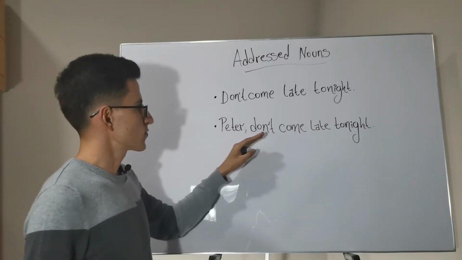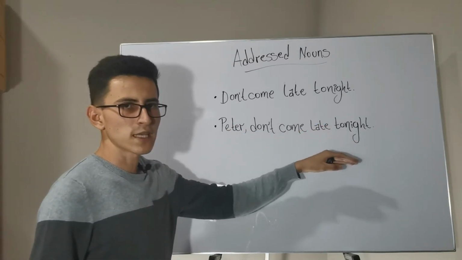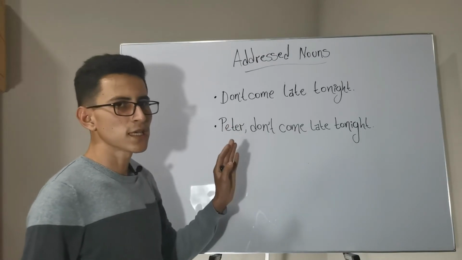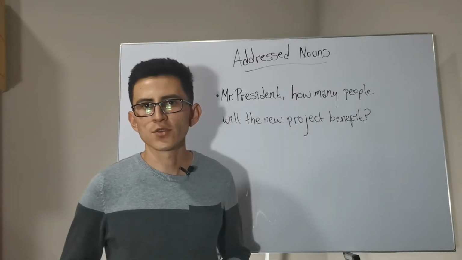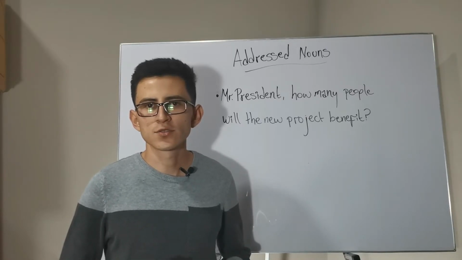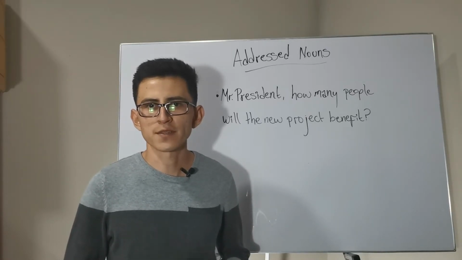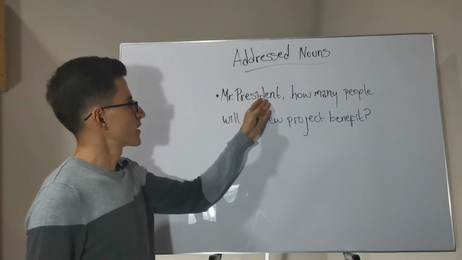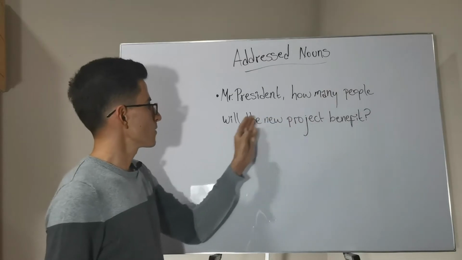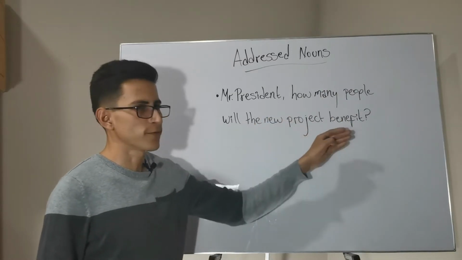In this sentence, we are talking directly to Peter and asking him not to come late tonight. We can also use addressed nouns to address someone respectfully, like in this example. Mr. President, how many people will the new project benefit?